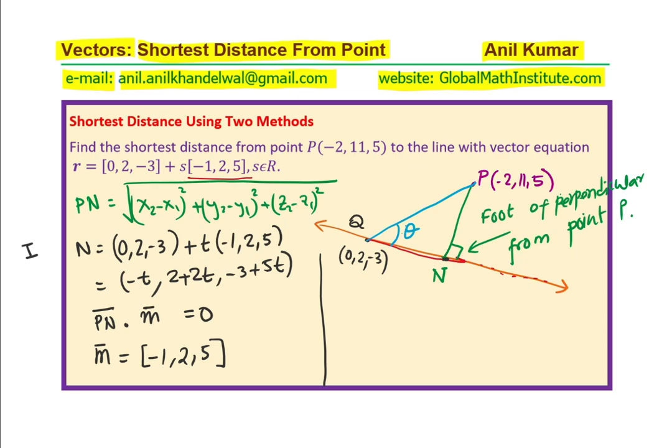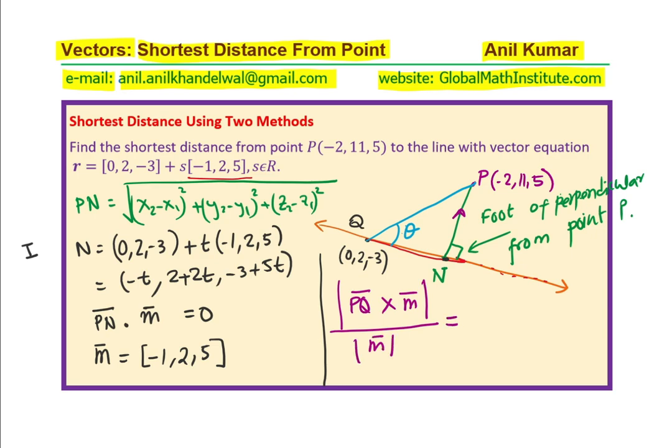And since the length has to be positive, we could write this as what? Well, clearly, we could write this as PQ cross with the gradient m, right? Magnitude of this, we're only interested in magnitude, not the cross product, but we know this is along that direction, correct? Divided by the magnitude of the gradient m.